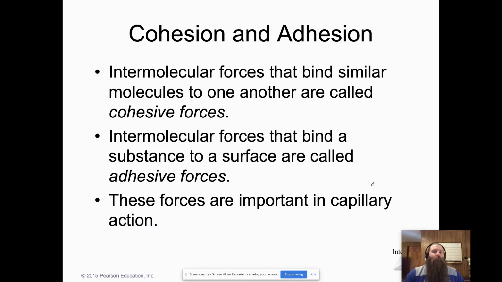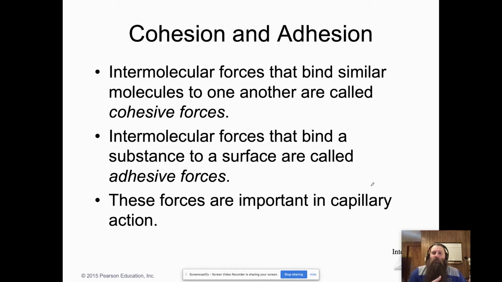Okay. Now, cohesion and adhesion are very similar to surface area, right? Because if you're binding similar molecules to one another, we call that cohesion. Okay, that's intermolecular force. If you are binding a substance to another surface, it's called adhesive force.